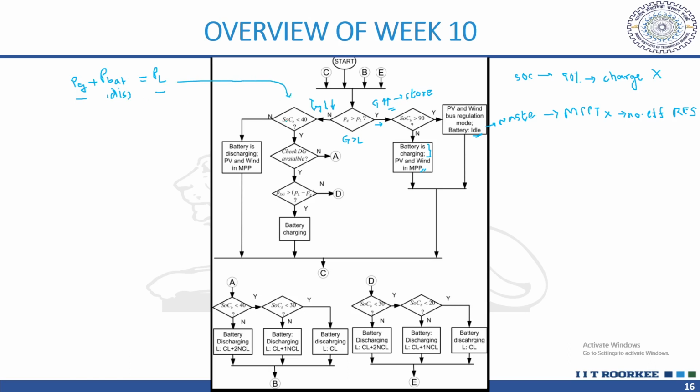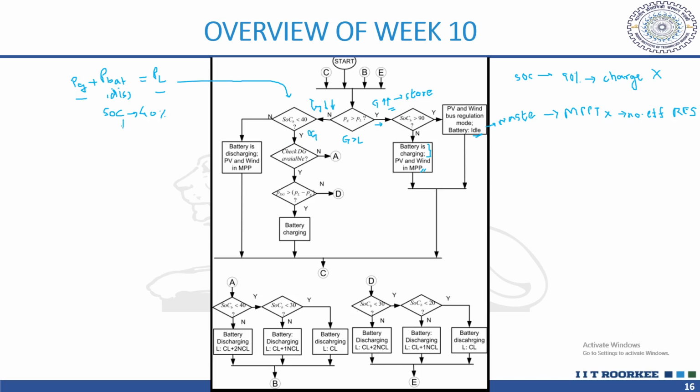So the battery has to discharge, but it will again depend upon its SOC. If it does not have enough capacity, we are checking here if the SOC is below 40% or not, right? If the SOC is below 40%, that means the power balance cannot be achieved through the battery. We have to activate the DG.